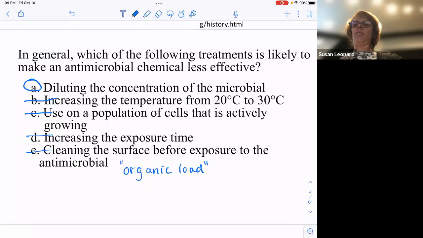That just means anything, some kind of cells or blood or even just dirt. A lot of chemicals don't penetrate through that very well. So we got to clean it up and then we can do our disinfecting. All right, so I didn't do those in the right order. I did that very anticlimactically, but yeah, if we dilute it, in general that usually makes our chemicals less effective. That's not always the case, but generally speaking.